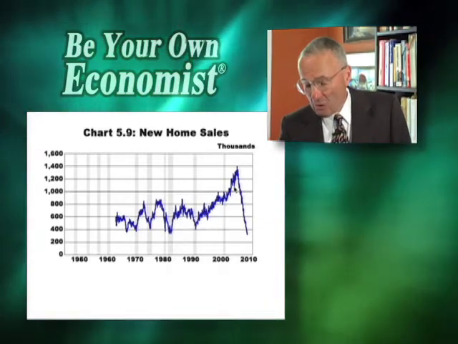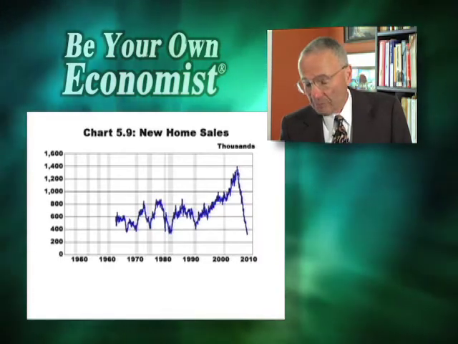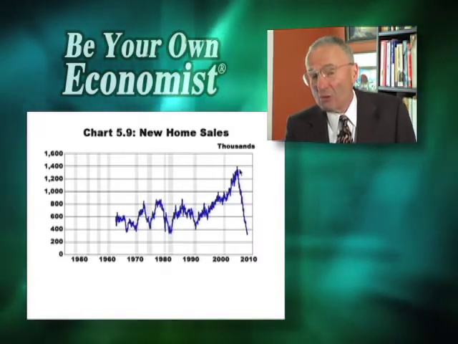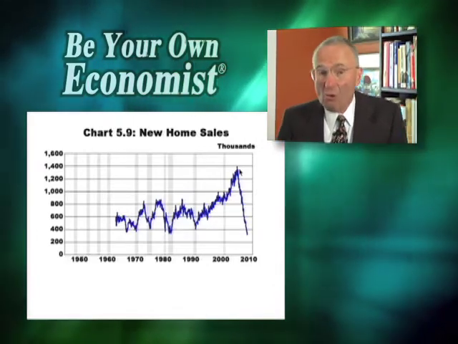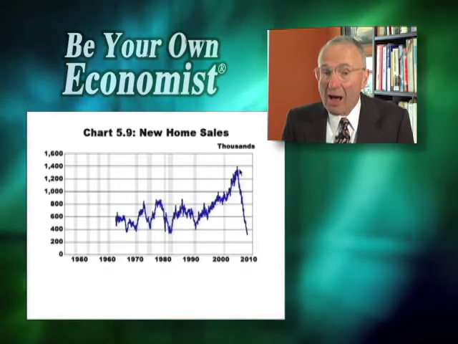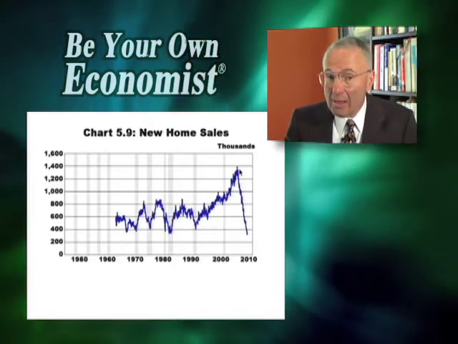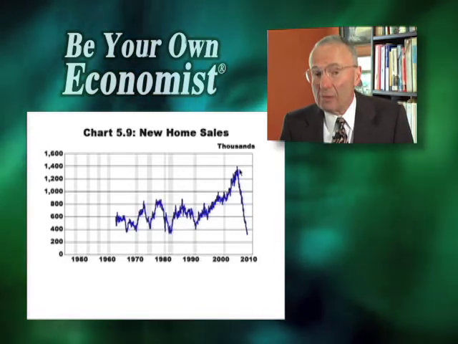And if you look at the chart, you can see housing went all the way up to about 1,400,000 homes sold in that year. Well, that was the sign of a tremendous real estate boom. Houses, of course, their prices went up, up, up as the demand for housing grew.